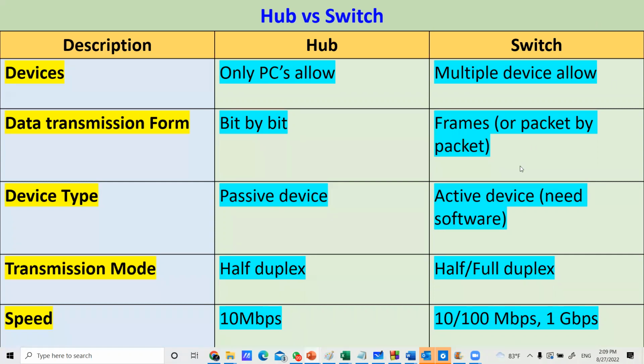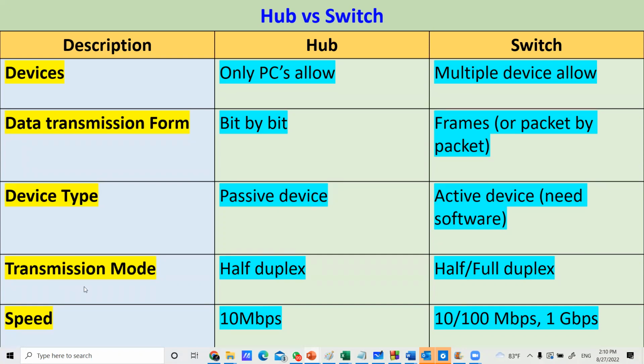But if you are using switches, in that case, they are using computer software. Right? The switches are controlled in the network using the computer software. Therefore, it is also known as an active device. But hubs are identified as passive devices because they are not using any kind of software.